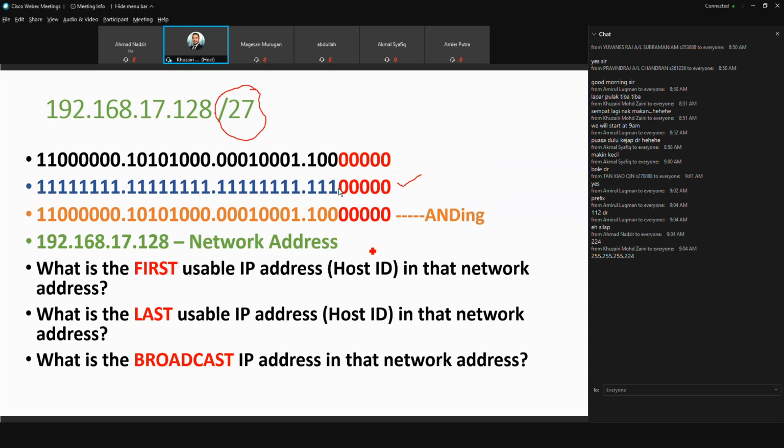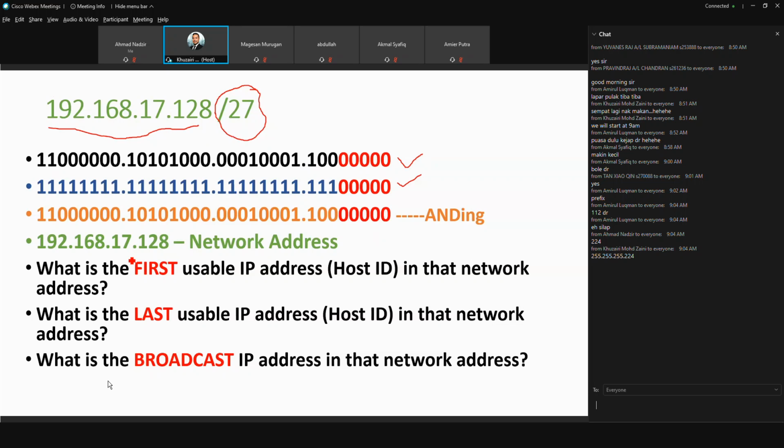Then you need to convert into binary. The first step is that you need to convert this IP address 192.168.17.128 into binary.